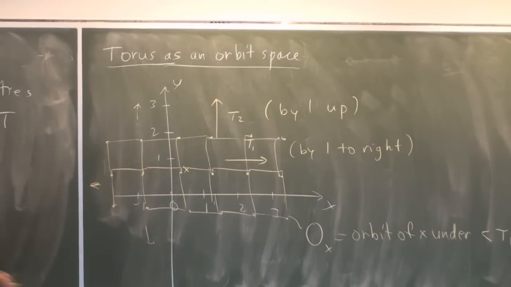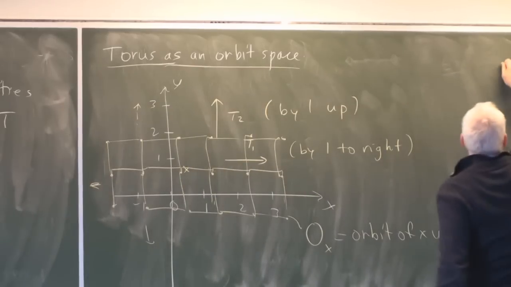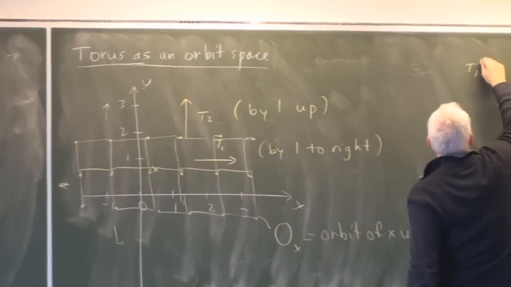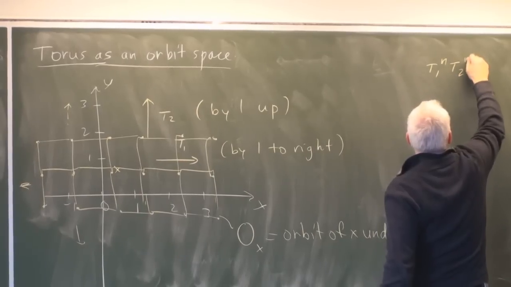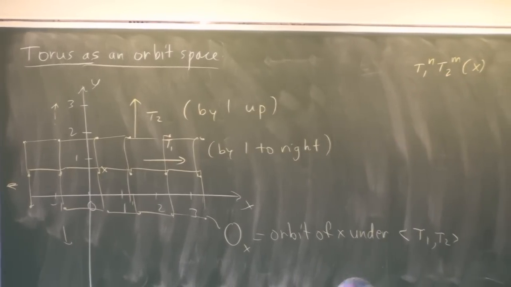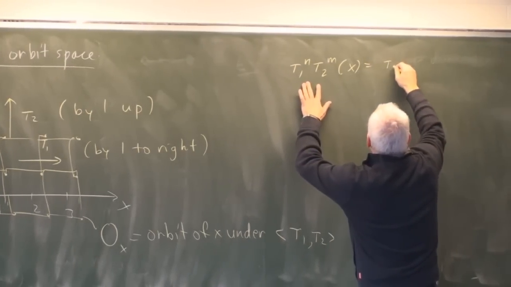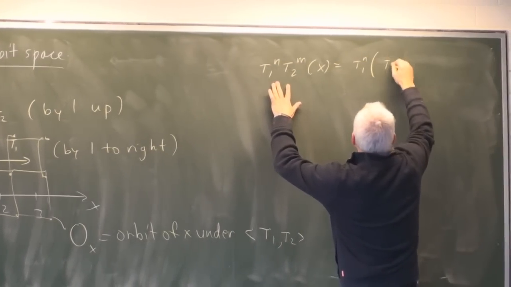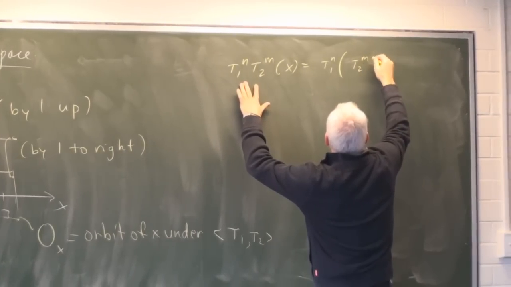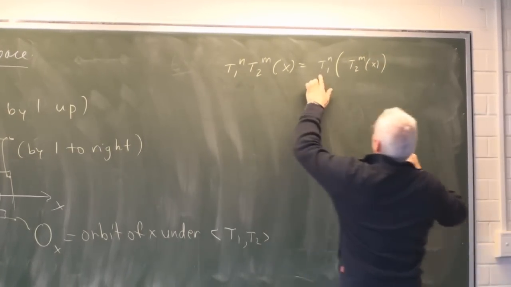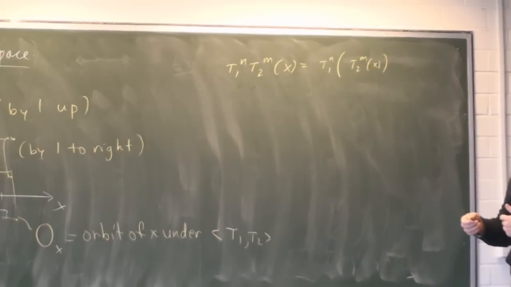And let me say a little bit what that means. So if we have, say, tau 1 to the n and tau 2 to the m of x, what we're talking about here is you can think of this as being what you get by first applying tau 2 m times to x, and then applying tau 1 n times.